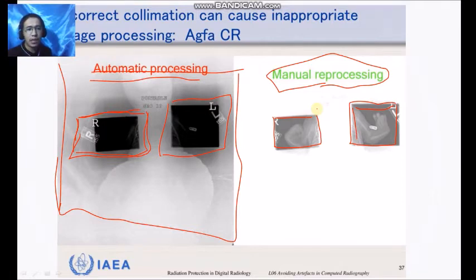Like for example, you use too much factor. Like for example, in the next trigger na to. Okay, so the next trigger, the problem adto was sayop ang factor, no, wrong factor ang nagamit. Instead nga factor for chest, nagamit nga factor is for the abdomen. So that means that would result to a very dark radiograph.